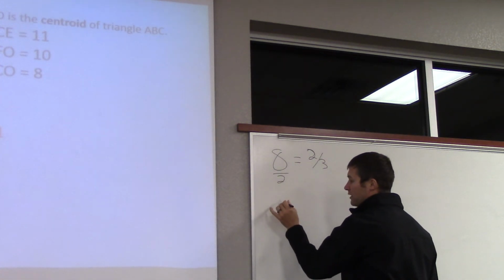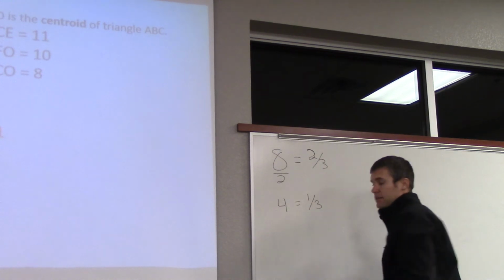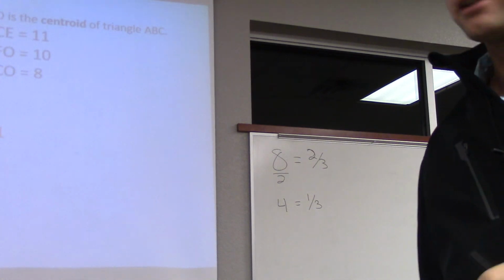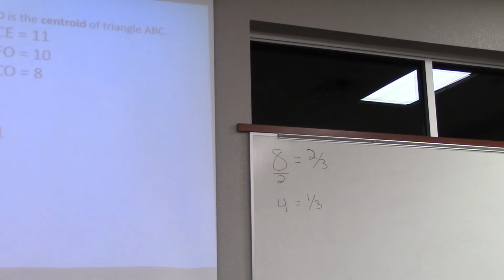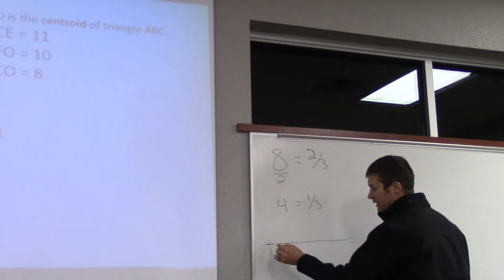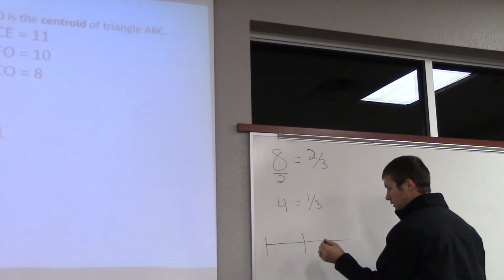So 4 is equal to 1/3. So if I come back over here and look at it, if 1/3 is equal to 4, then think about the whole thing. If I break it up into a line, and we break it up into thirds, we'll go like this.